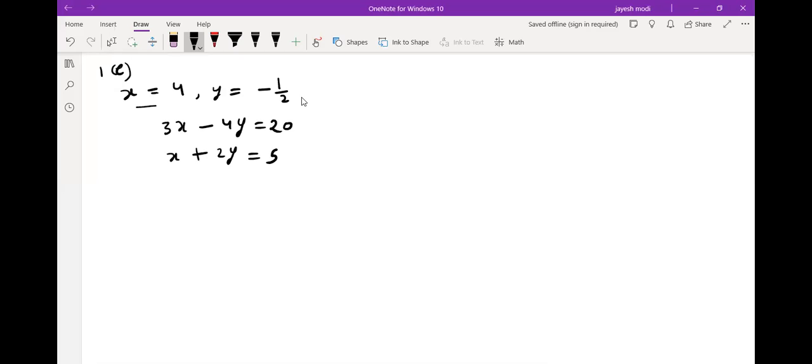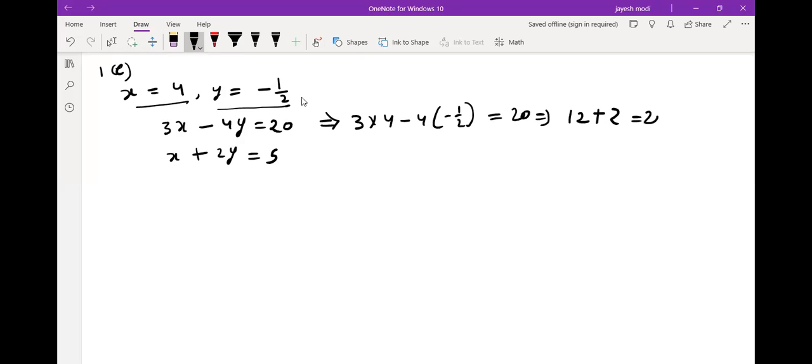So substitute the value of x equals 4 and y equals minus half to check whether your answer is correct or wrong. So we write 3 into 4 minus 4 into minus half equals 20. It implies 3 fours are 12 minus minus plus 2, 2 twos are 4, equals 20, means 14 equals 20, which is not true, means your answers are wrong. Okay, so solve it again.